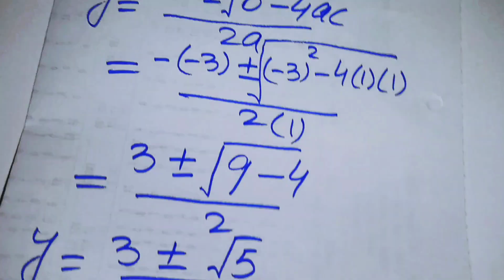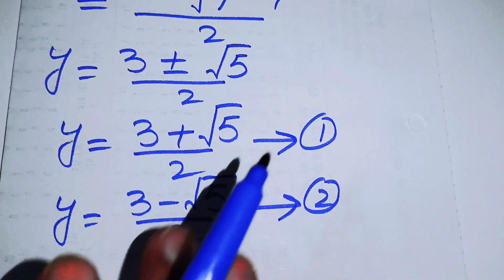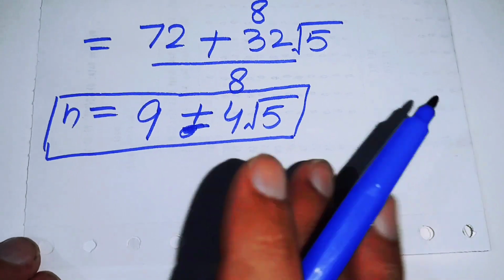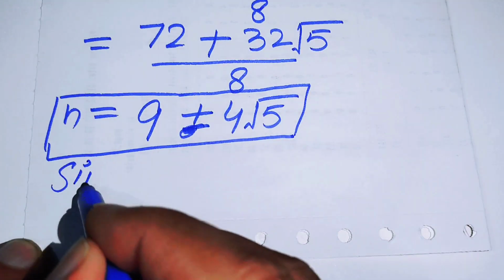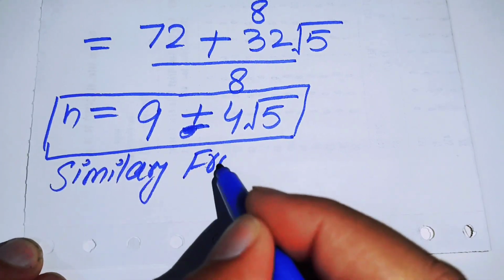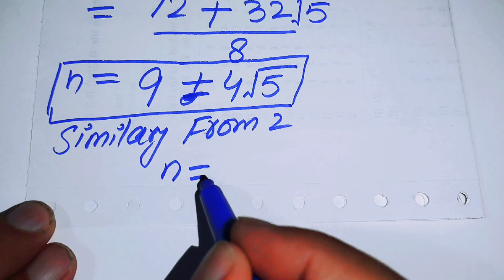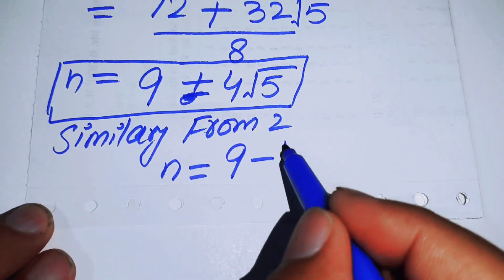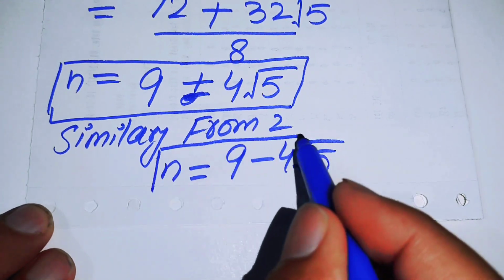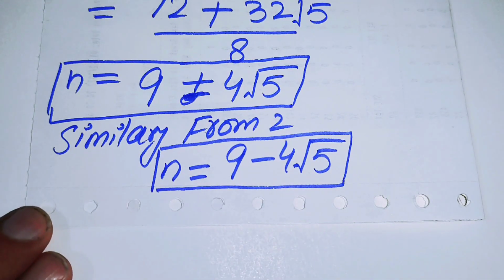Similarly, when you solve equation number 2, you will get the similar root, so I can just write that from equation number 2 you will get the other root: n equals 9 minus 4 times square root of 5. So this is the other root of the given equation, and this is our final answer.